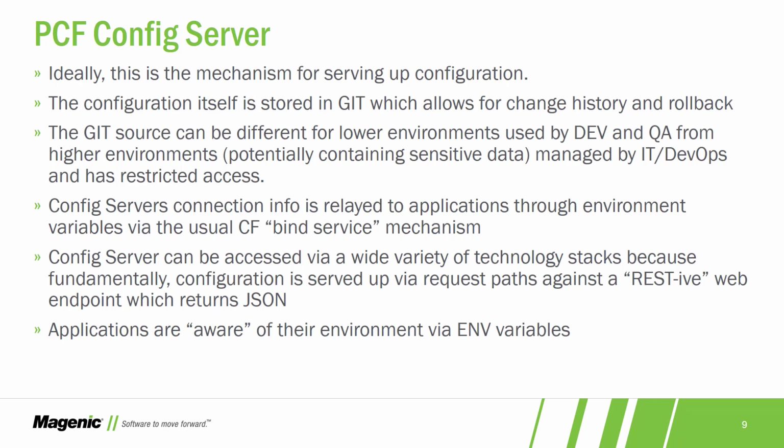Ideally, the way to do this is to use PCF's configuration service. The configuration service is, for all intents and purposes, a thin facade that uses a Git repository as its source of truth and relative paths from the web root in order to fetch back chunks of JSON that are representative of the configuration.